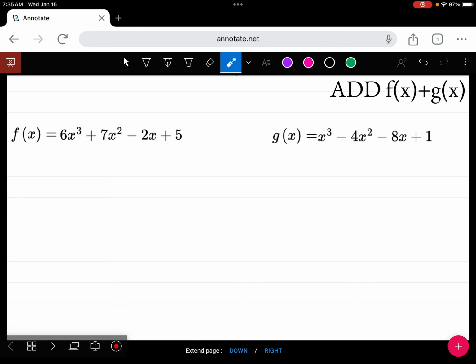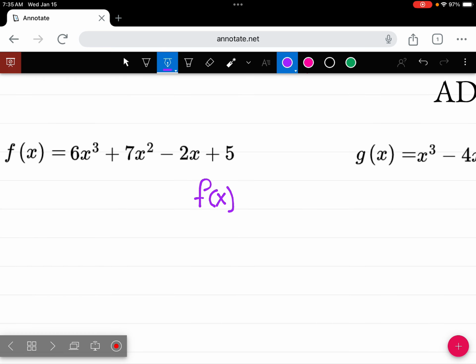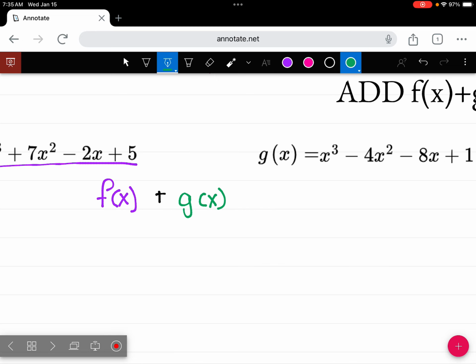That's what it says up here to do. So we're going to take our f of x, this guy, and we want to add it to our g of x, this guy. I'll give you guys a second to write that down because I know there's a lot of pieces up there.